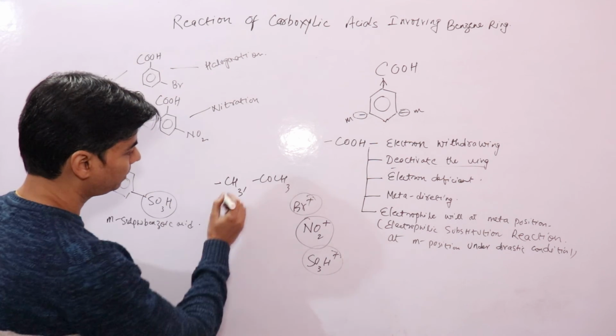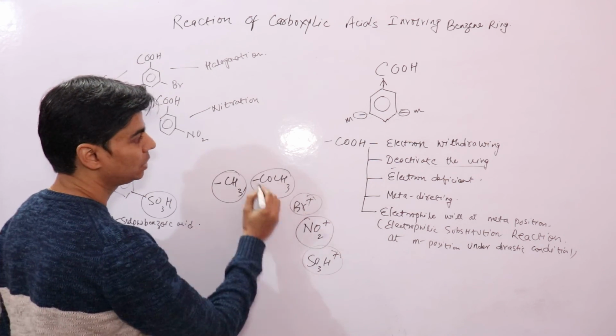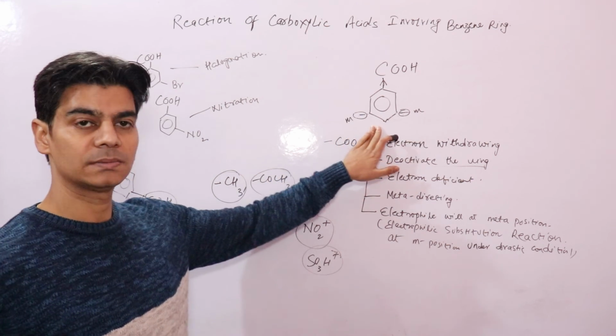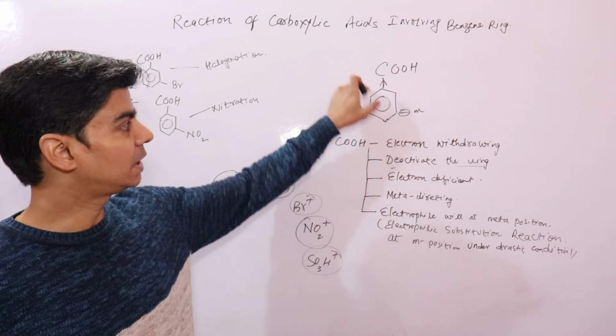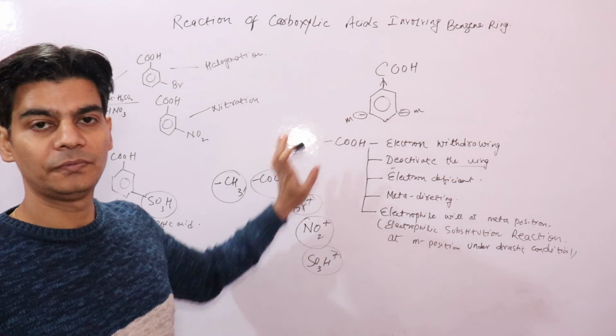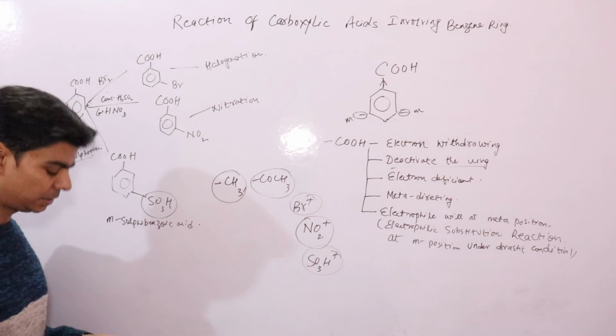These groups would not be able to react at the benzene ring because it is highly deactivated by the electron withdrawing group. Due to this deactivation, the Friedel-Crafts reaction will not take place, right?